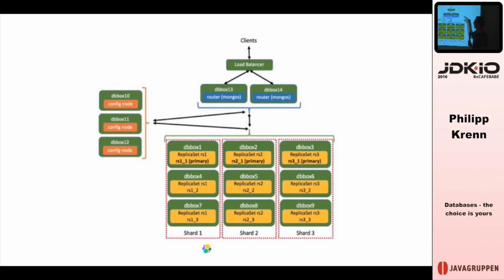And then you have another new component called a router, which normally sits on your application server, or you can also have them separately. They get the information from the config servers about where which data lives, and then they will just talk to the right server and get the data for you.